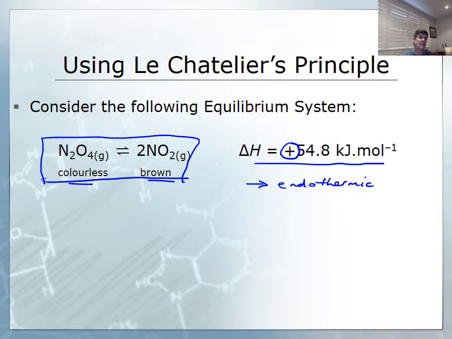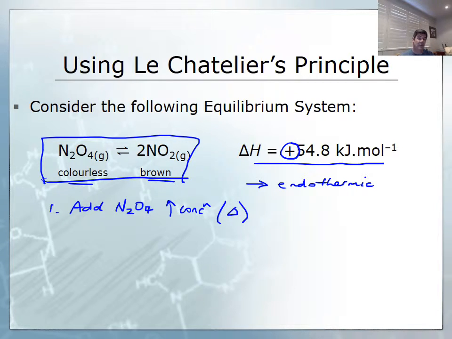Now, what are some of the ways that we could change this system? Well, we could add more N2O4. What would that do? If we add N2O4, we increase the concentration. That's the change.